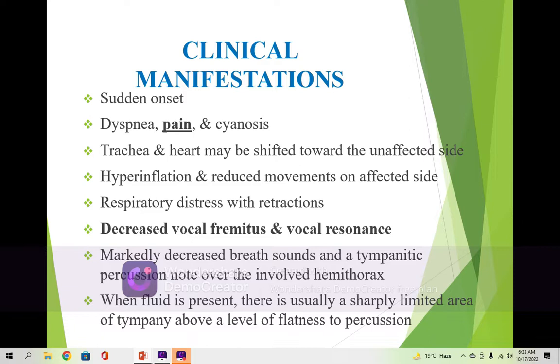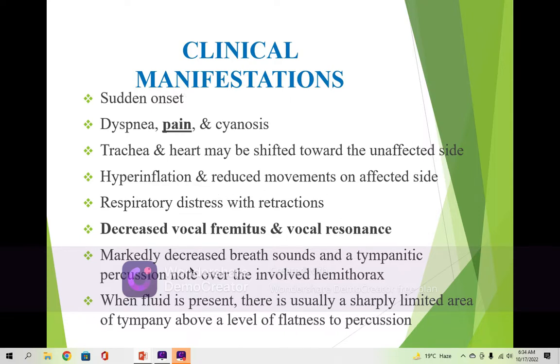You can demarcate it: there is the tympanic note suddenly changing to dullness, what is called the stony dullness of the percussion note. It is hydropneumothorax.